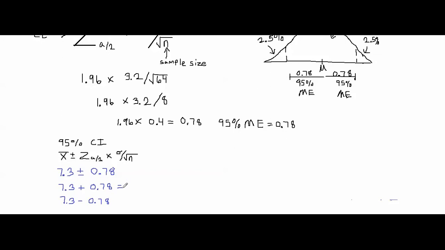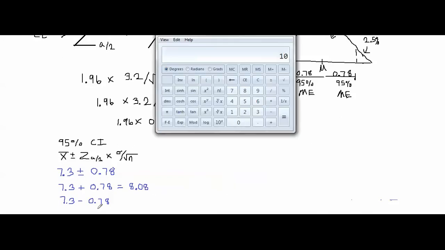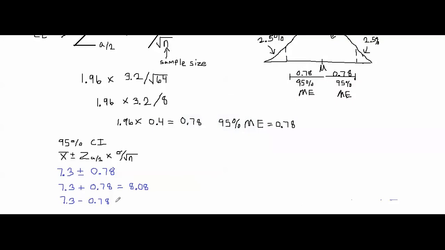So 7.3 plus 0.78 would come out to 8.08. And I'm not sure what this is, so I'll use a calculator. 7.3 minus 0.78 is 6.52.